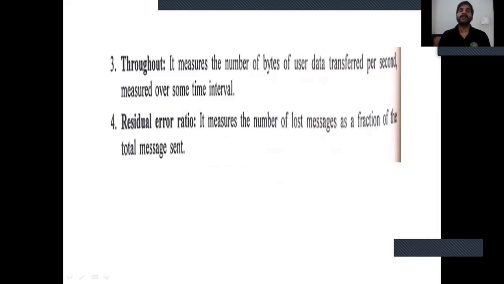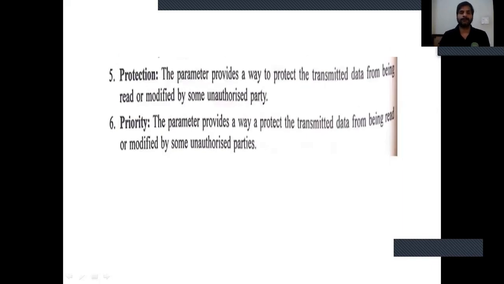Throughput means the number of bytes of user data transferred per second, measured over some time interval. If throughput increases, the quality of service also increases. Residual error ratio means the number of lost messages as a fraction of the total messages sent. If it is minimum, then the quality of service is improved.